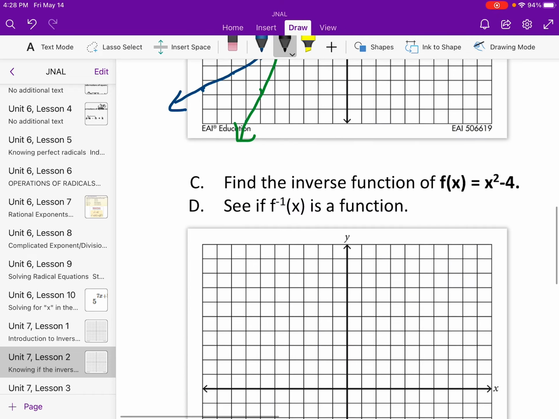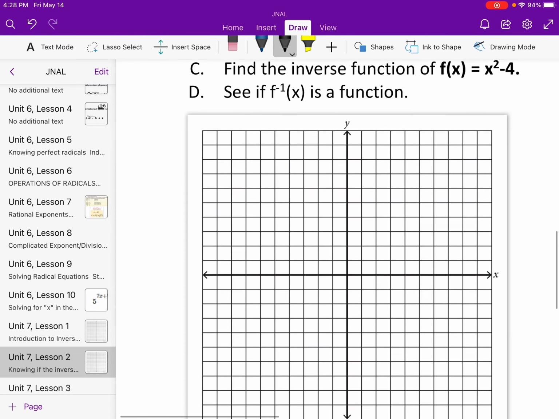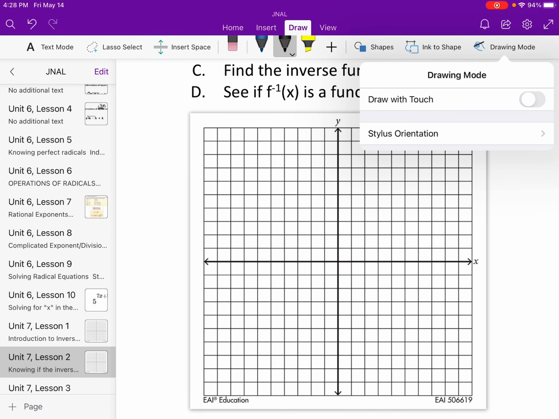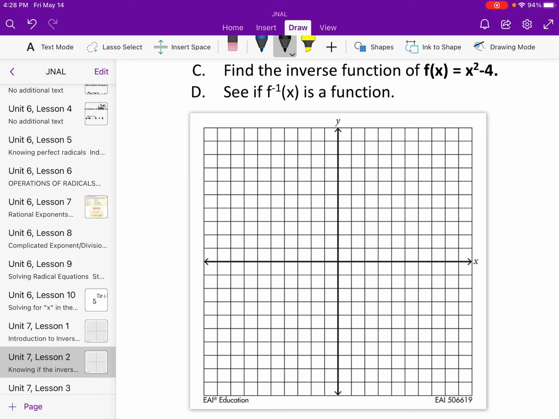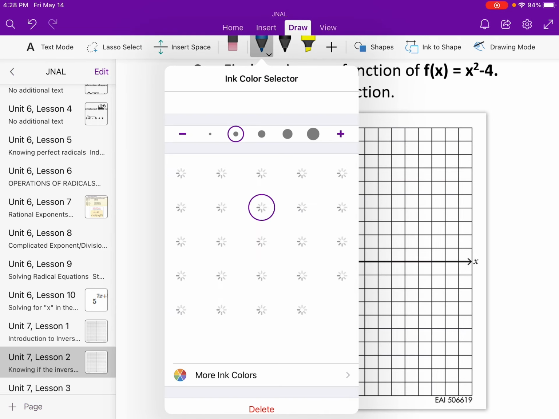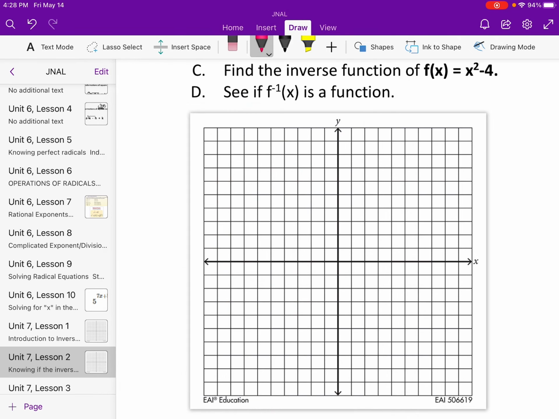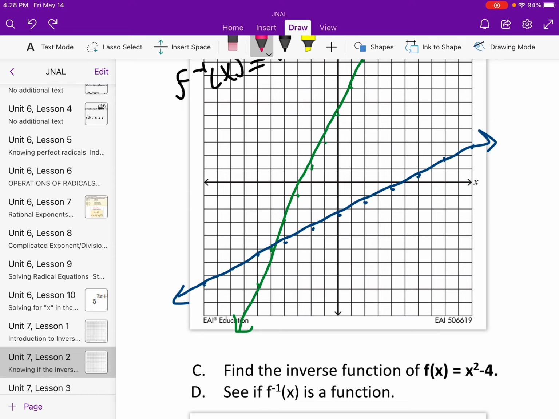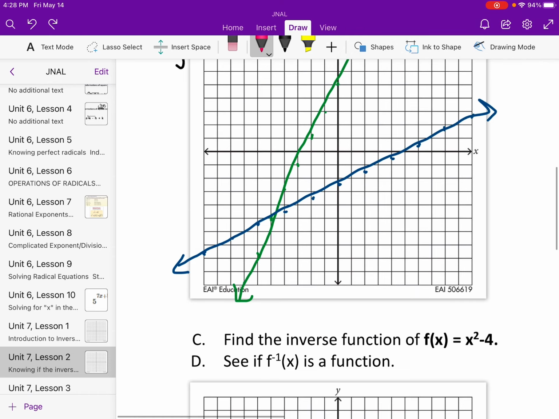Alright, let's look at a different example. We're going to graph the inverse function of x squared minus 4. So this is a quadratic. It has a y-intercept of -4.